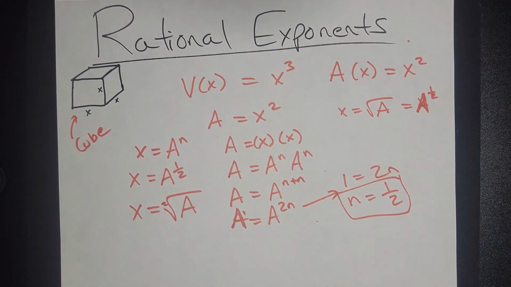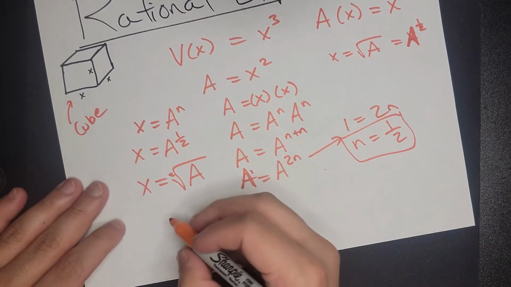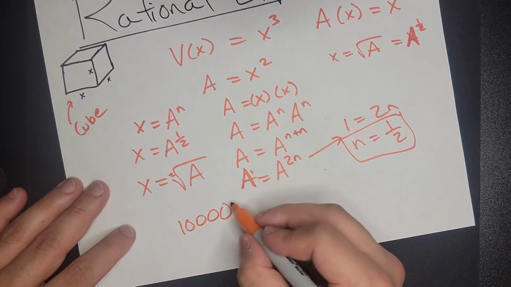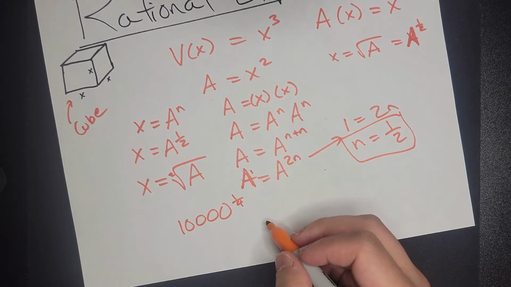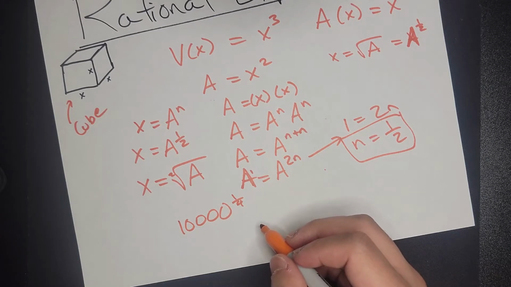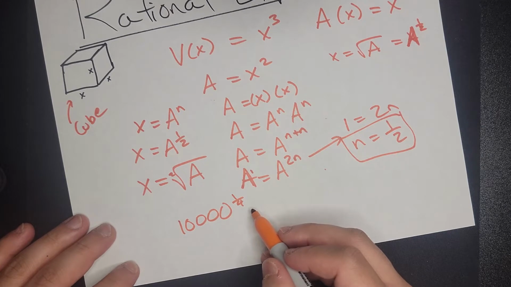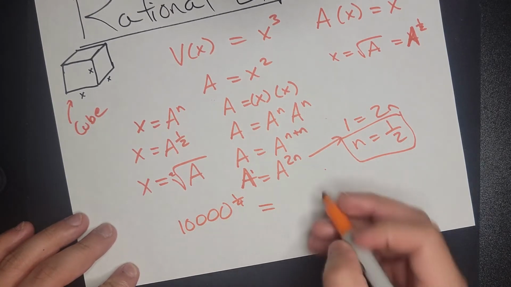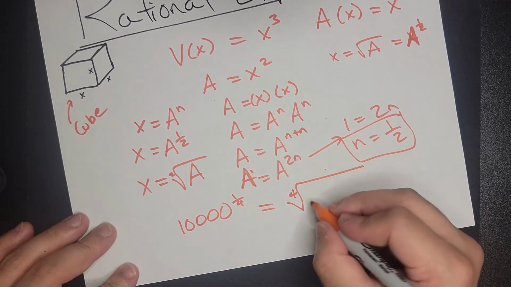Let's see if I can get another one in. Say 10,000 to the power of 1 over 4. That'll give me a quad root.